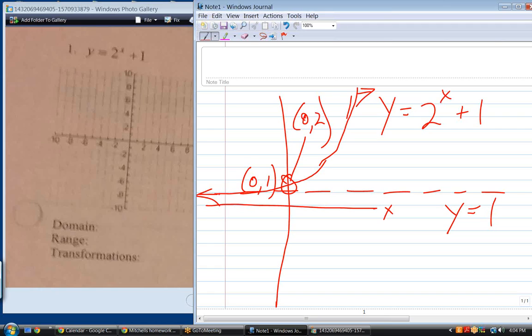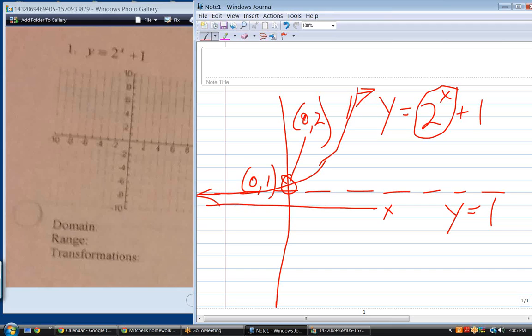What is the range? Is it positive 1 to infinity? Parentheses or brackets? Parentheses on both, yes. And the reason is that this value right there can never be negative. In fact, it can never be 0.